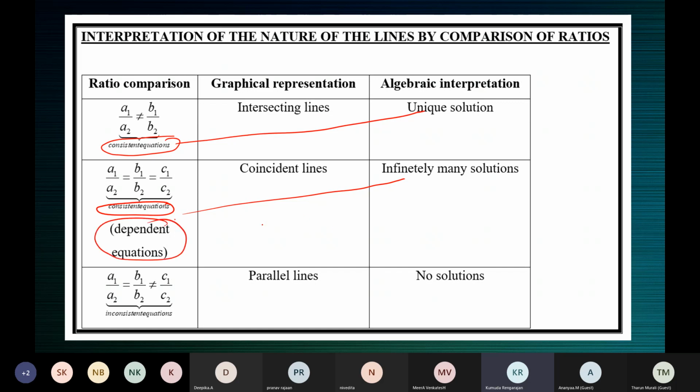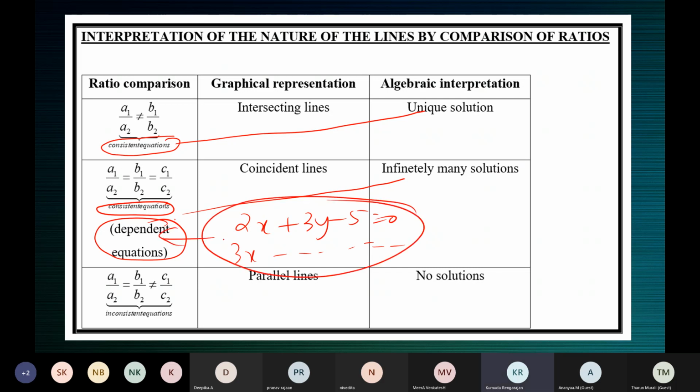Those two equations given are dependent equations when they have many solutions.